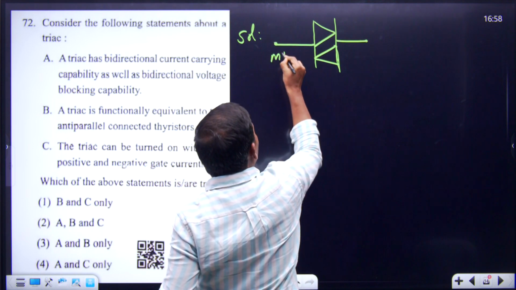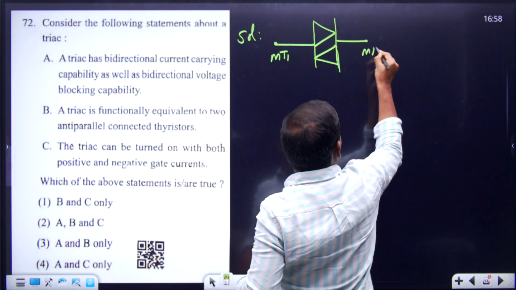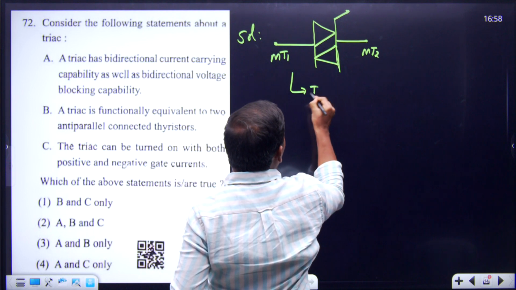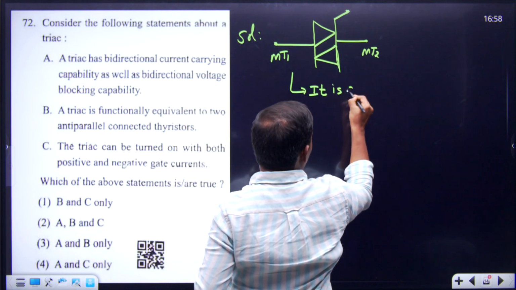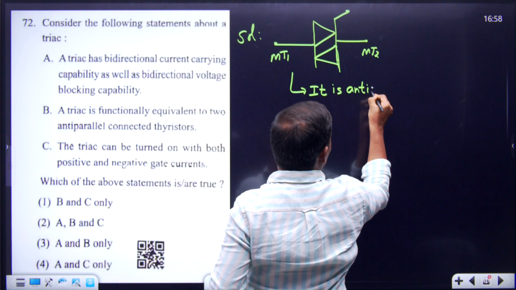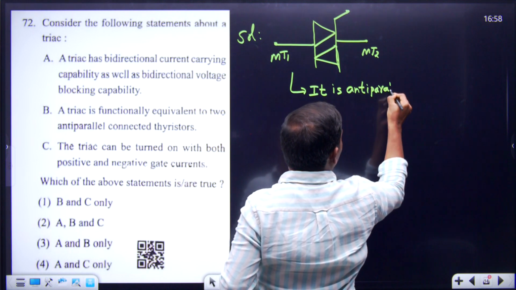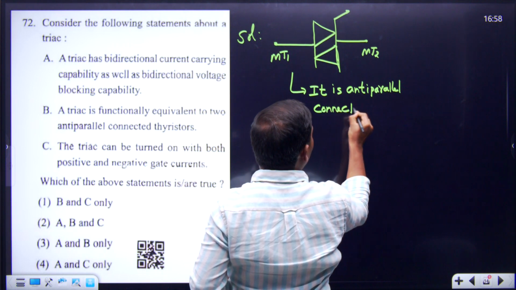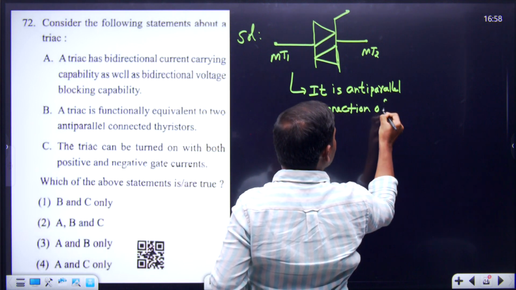Let this be main terminal 1 and main terminal 2. It is an anti-parallel connection of two SCRs.